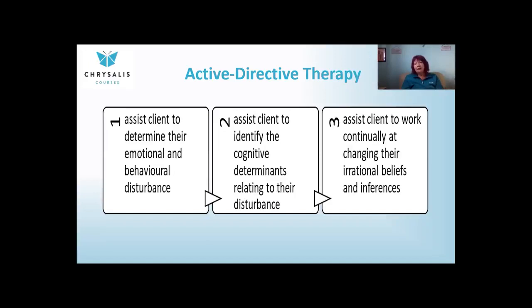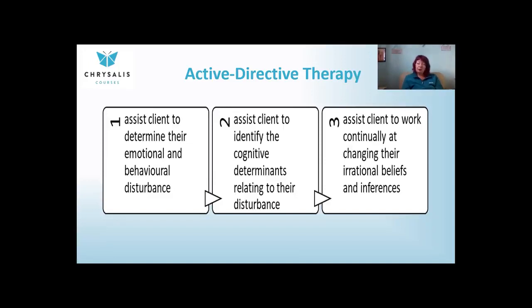So in REBT, we have this system of A, B, C, D, E. And A is for activating events. So that's the events that are causing a problem, and it can be family issues or work issues or childhood difficulties. So a situation that's occurring that gives us a problem.